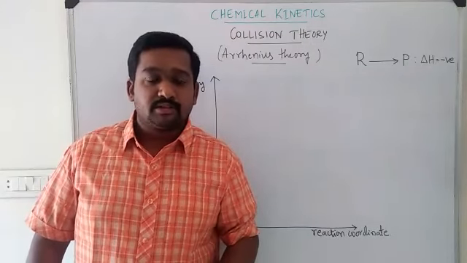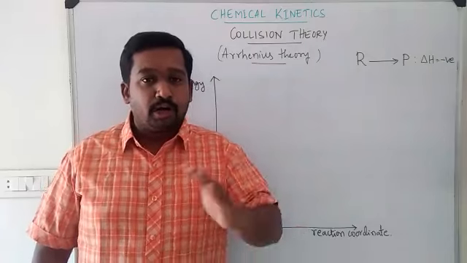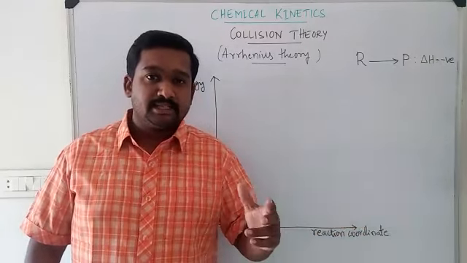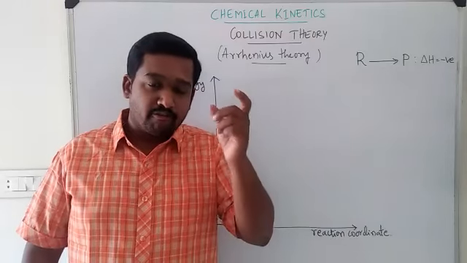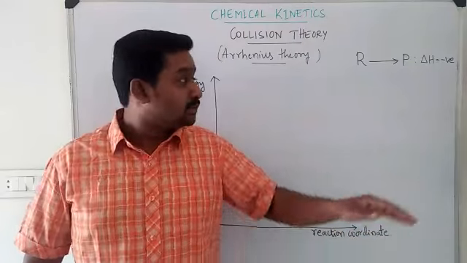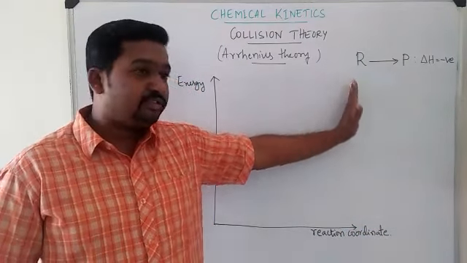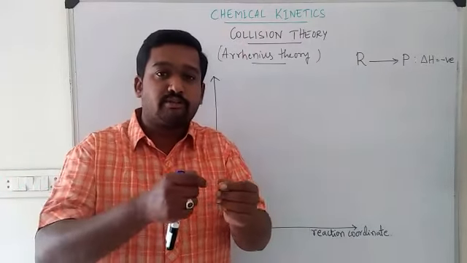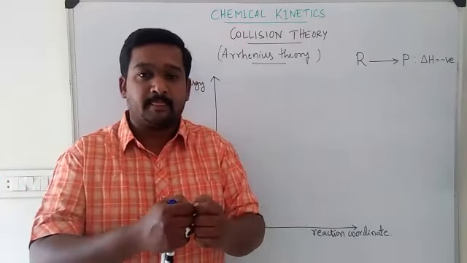Okay, reaction coordinate you can understand from the basic definition of a chemical reaction. The definition was breaking up of older bonds and making up of new bonds, which means there will be breaking of bonds between atoms during the reaction. So in reactants there will be breakage of bonding between atoms, and on the product side we will have formation of new bonds between atoms.